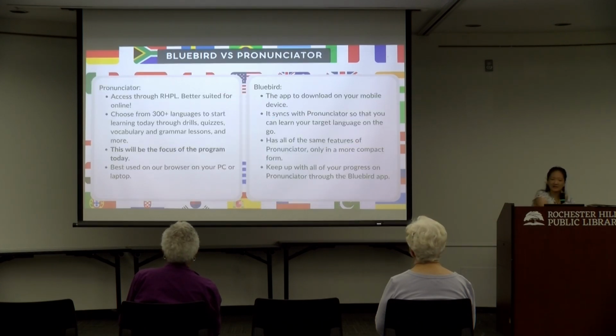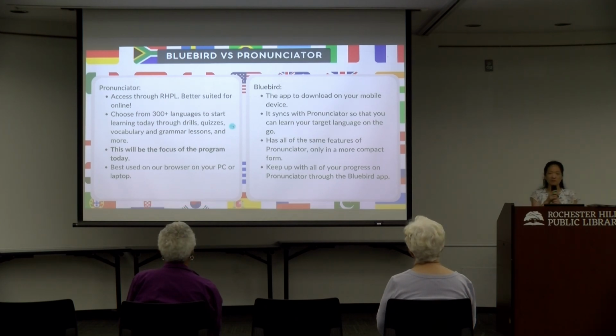So like I said about Bluebird versus Pronunciator, access it through the library. It's better suited for being online on your computer, and then best use it on your PC or laptop. And then Bluebird, we're going to talk a little bit about today, but we're mostly going to focus on Pronunciator. It's got many of the same features as the web version on your laptop.